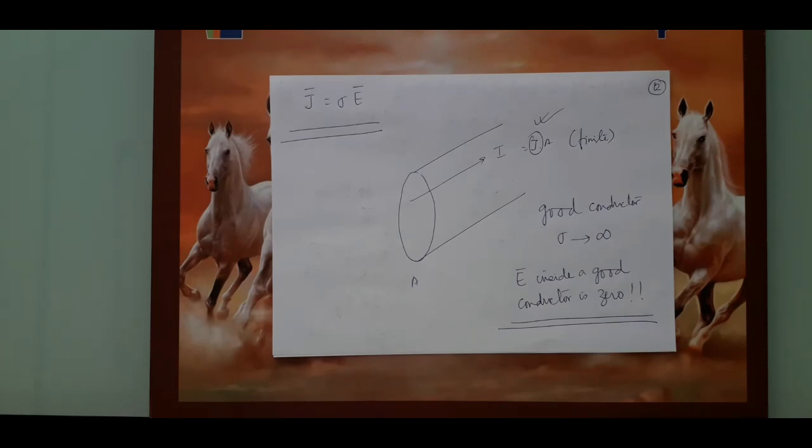So in the next class we shall continue this discussion, which is very important to establish for understanding of electromagnetic waves and how the electric and magnetic fields are interrelated. This we shall understand in the next few classes.